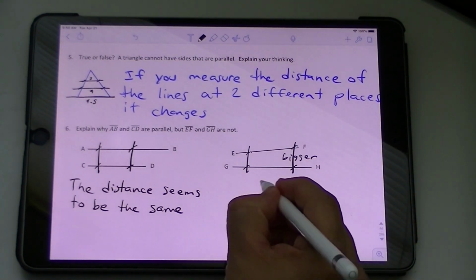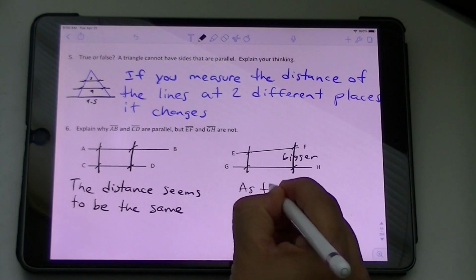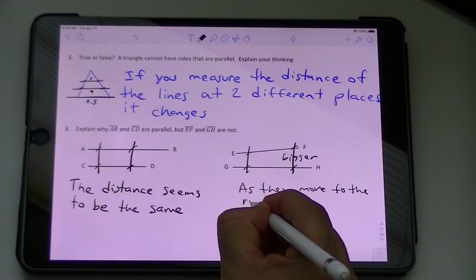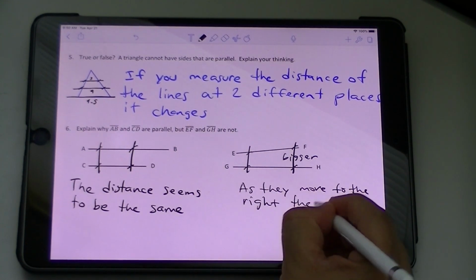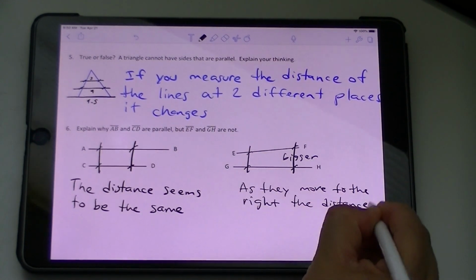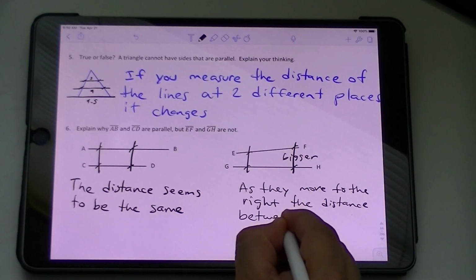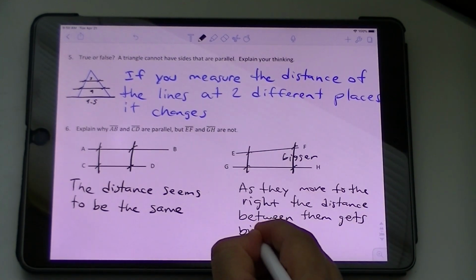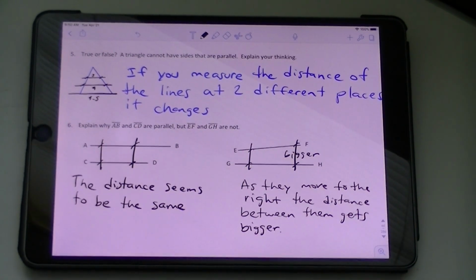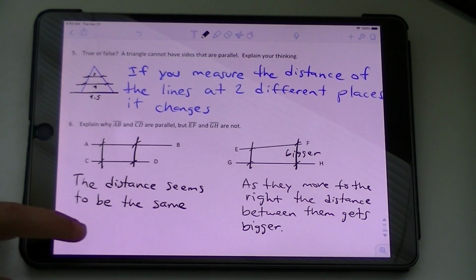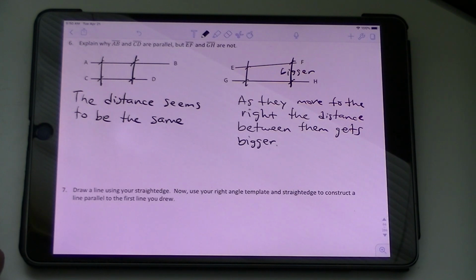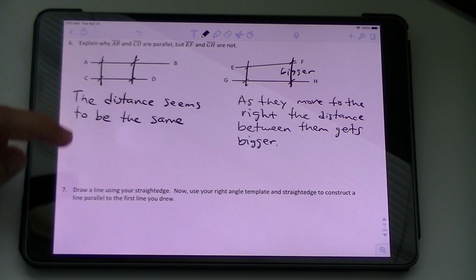Okay, so as they move to the right, the distance between them gets bigger. Okay.